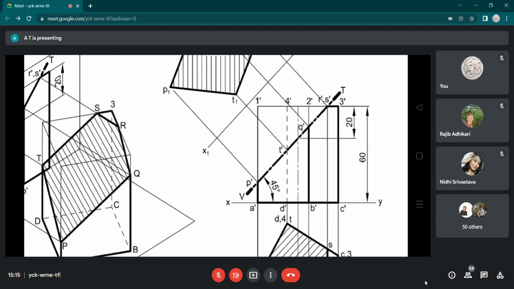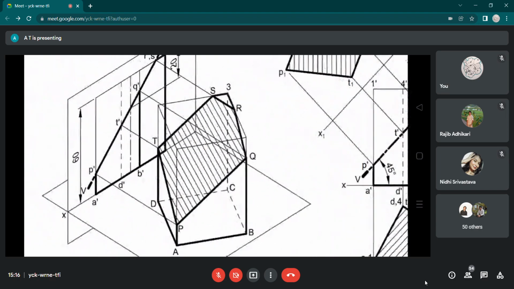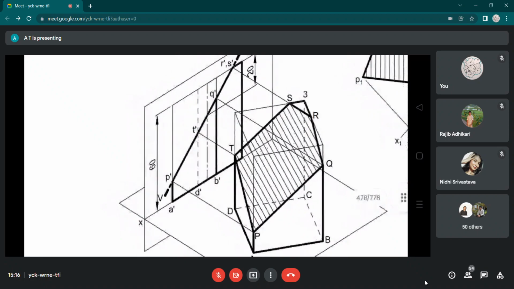So what do you have to do to get the true shape of the section? Look at this figure, this is the actual figure.